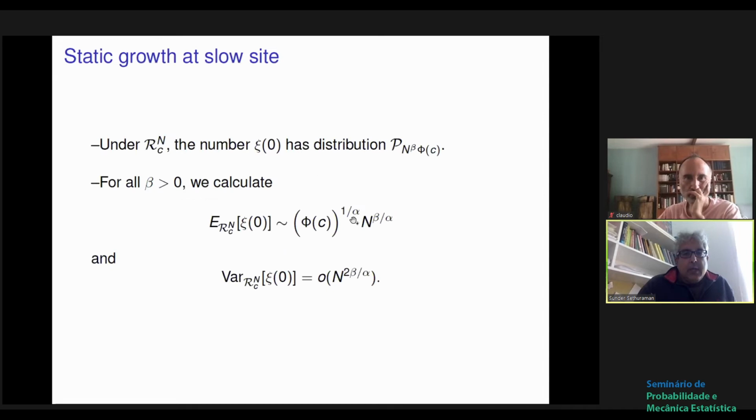But at the slow site, that's the thing that we want to assess. The expected number of particles starting from one of these invariant measures is of order n to the power beta divided by alpha.